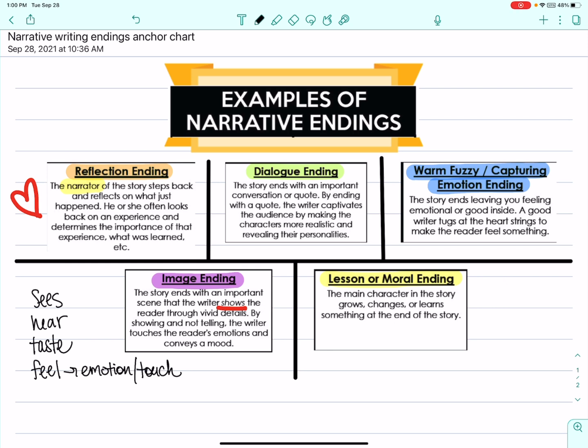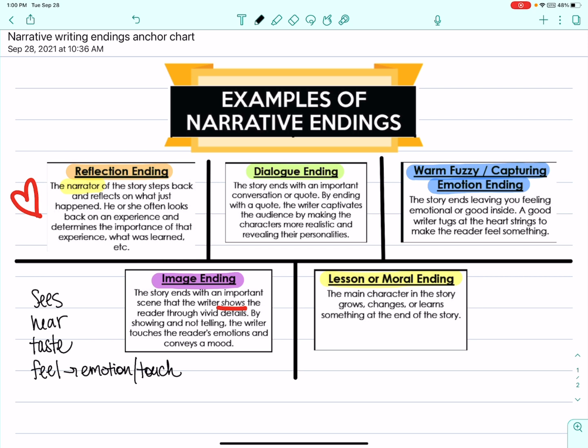But this is the main character in the story grows, changes, or learns something at the end of the story. Now, in my story, my main character, Tabby, learns that she was not the only person that had a fear.